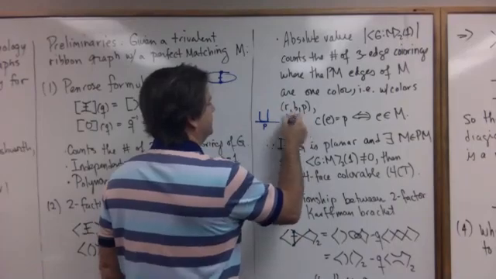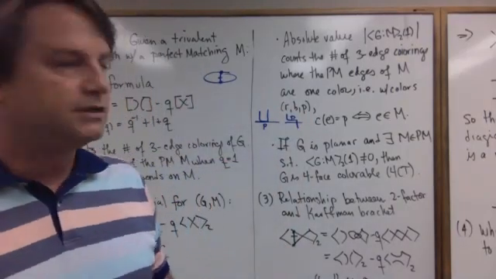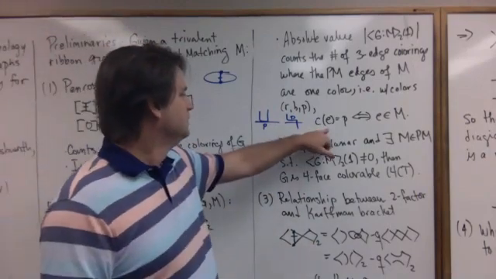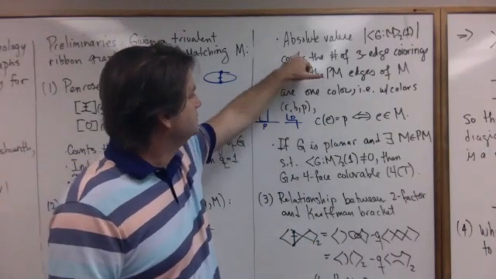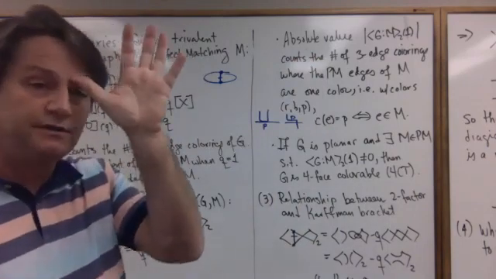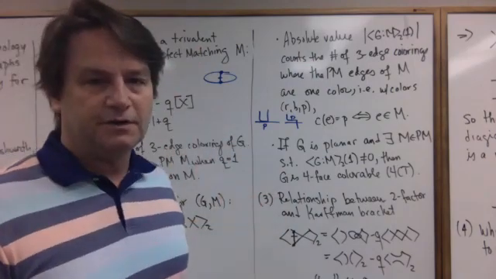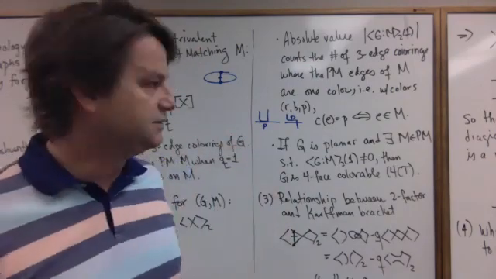Every time they overlap, that would be a purple. That would be a perfect matching. So this two-factor polynomial doesn't count all the three-edge colorings, but it counts a subset of the three-edge colorings that basically have the same coloring on the perfect matching.